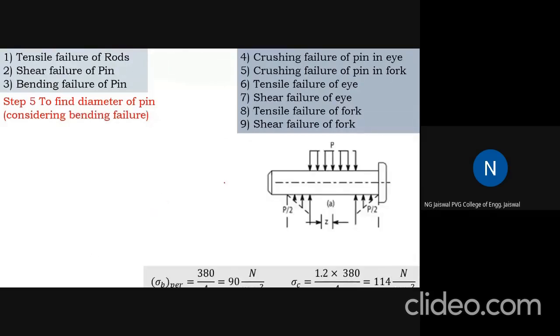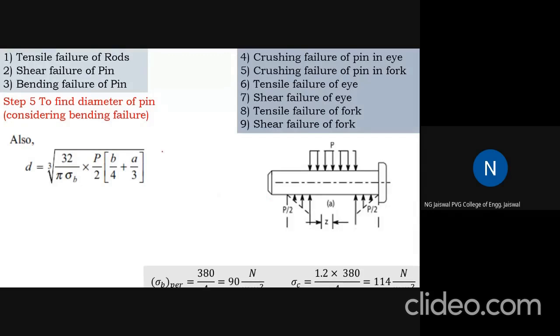And next, we also know that the bending failure is there, because the pin can also bend inside the assembly. In previous one or two lectures I tried to derive this, so we will not derive the equation again here.